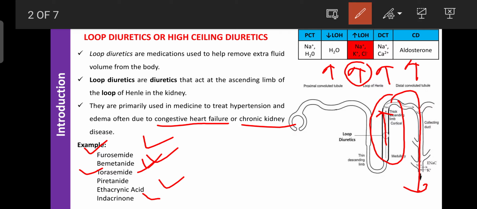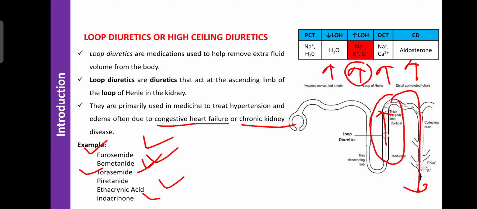They are also used for the treatment of edema. Edema is nothing but excess fluid or water accumulated in the organs or tissues. That condition is known as edema, and it is also treated with the help of loop diuretics. Now we learn about the mechanism of loop diuretics, or high ceiling diuretics.